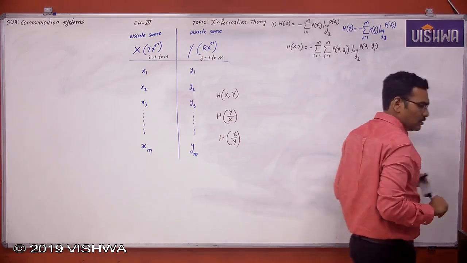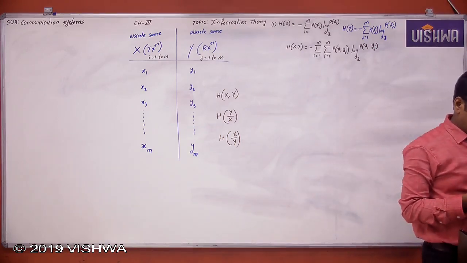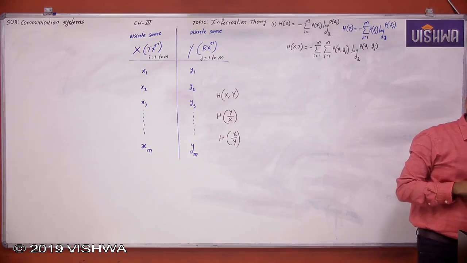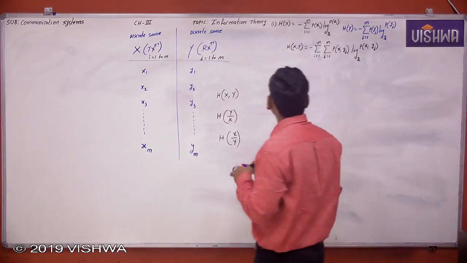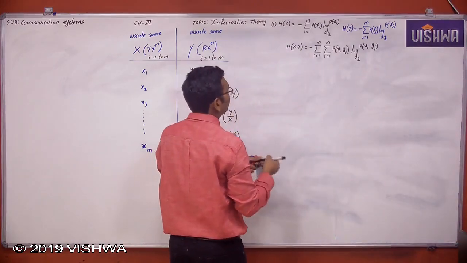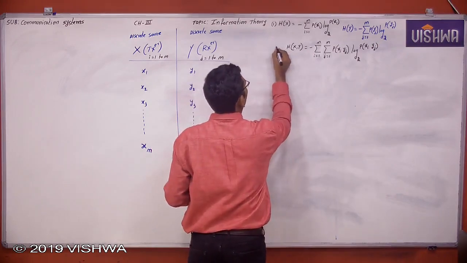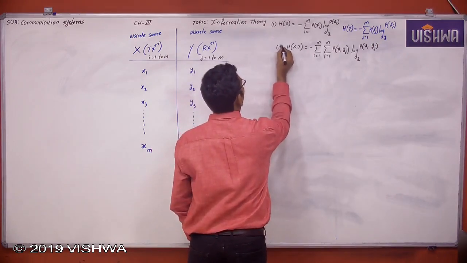Now this is the joint entropy. Is it right or not? Now we'll see the conditional entropy.